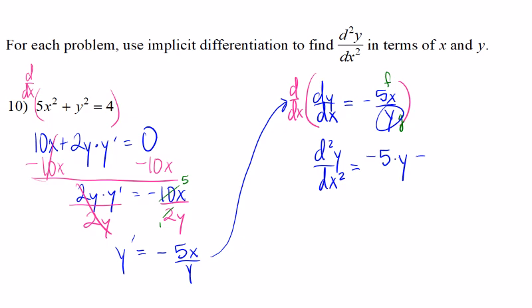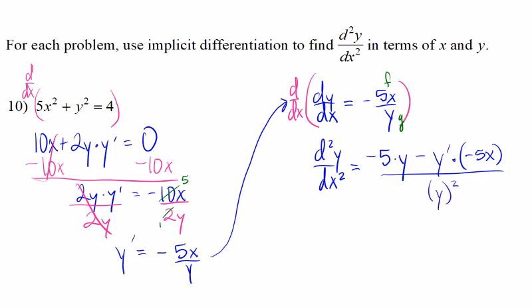The derivative of y with respect to x is going to be y prime. And then we'll tag on the negative 5x, right? That's our f prime g minus g prime f. And then on the bottom, we have g squared, so we're just going to have y squared.